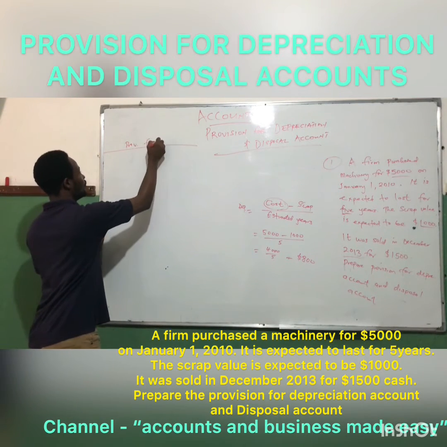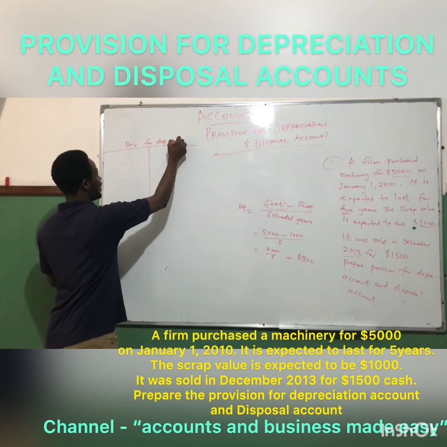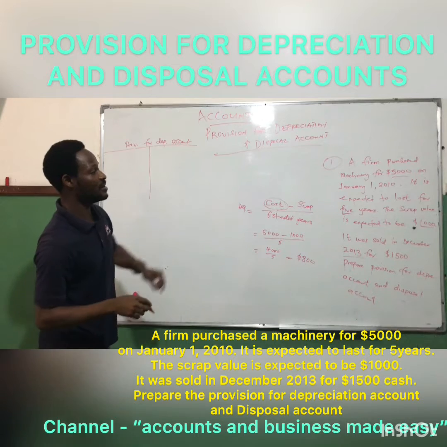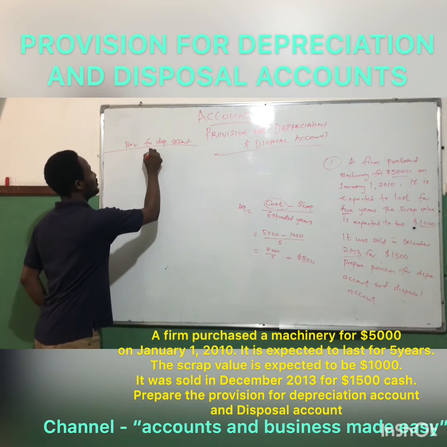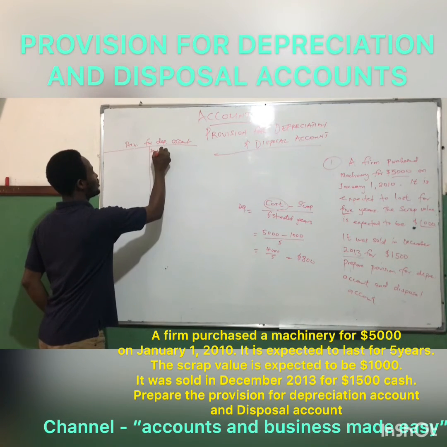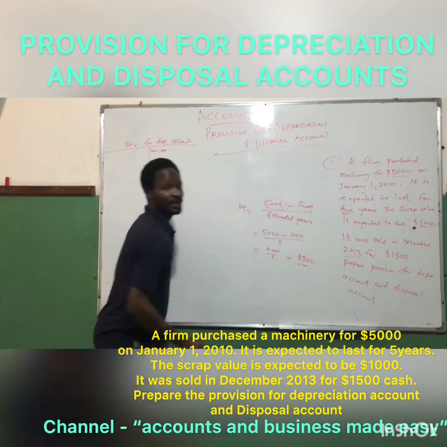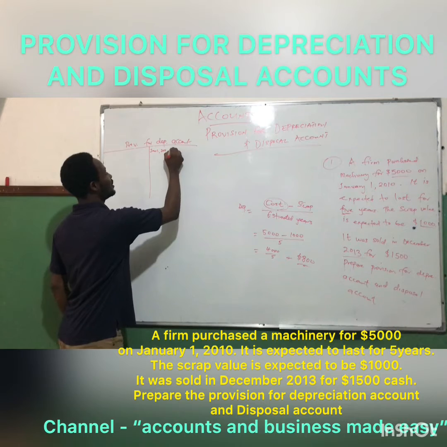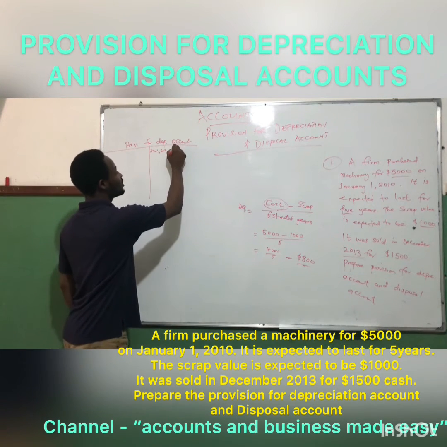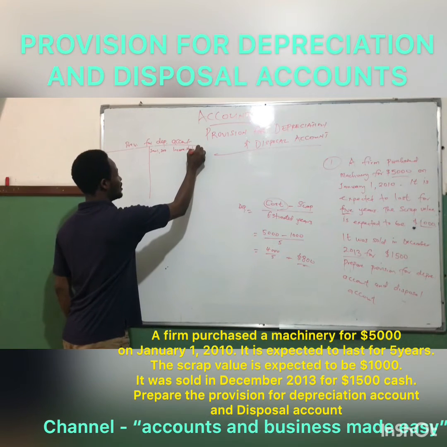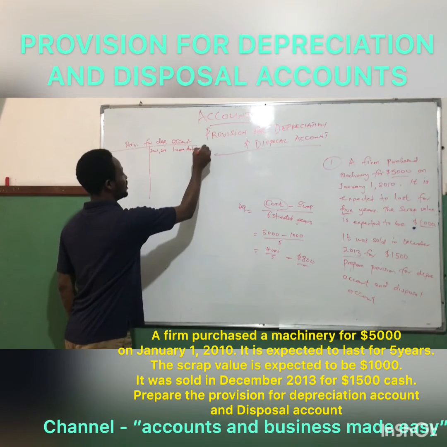Provision for depreciation account. So in year 1, which is January 1, 2010, the value of depreciation for each year is 800. Let us not forget. So this will be charged to income statement. The value is $800.